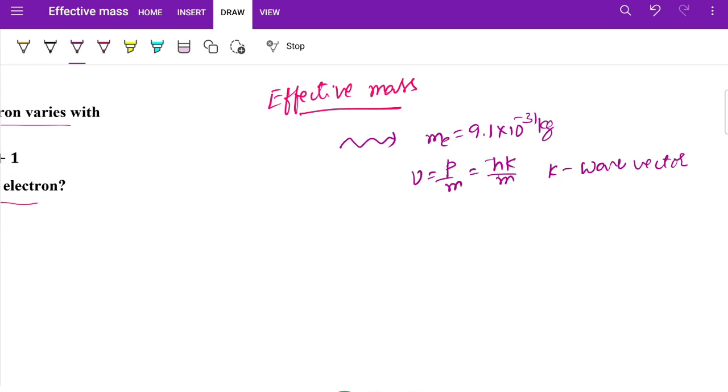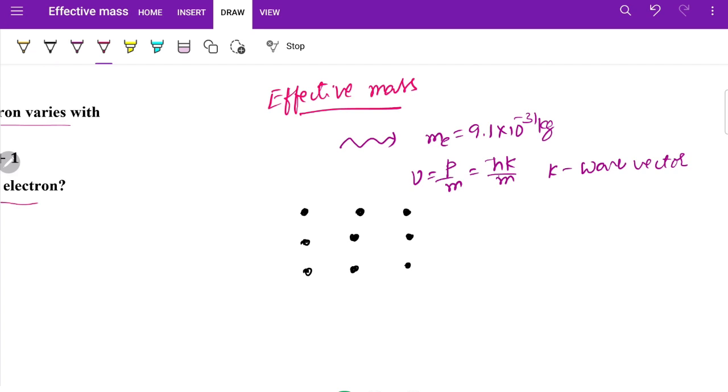However, when an electron moves in a solid, it changes drastically. Its mass completely changes. Why? You know what is meant by a solid. It consists of a number of molecules arranged in a systematic way.